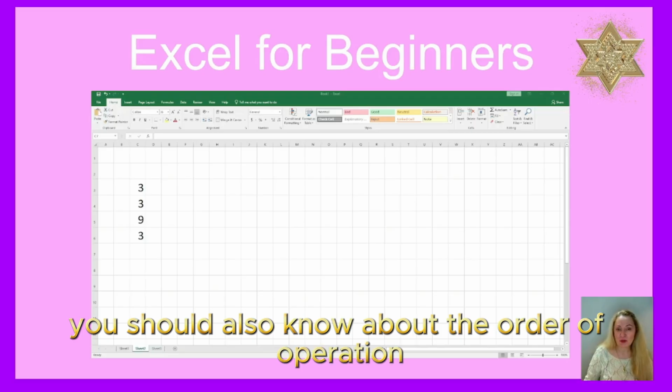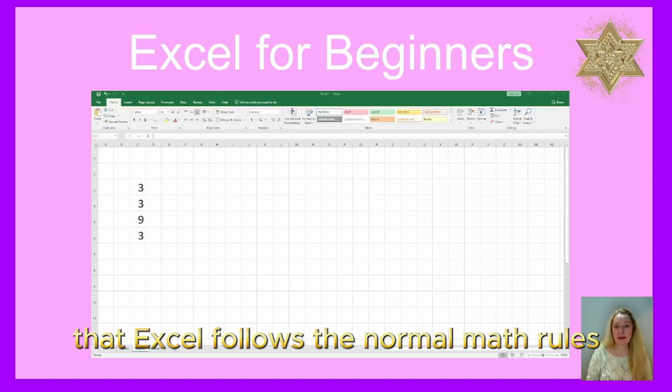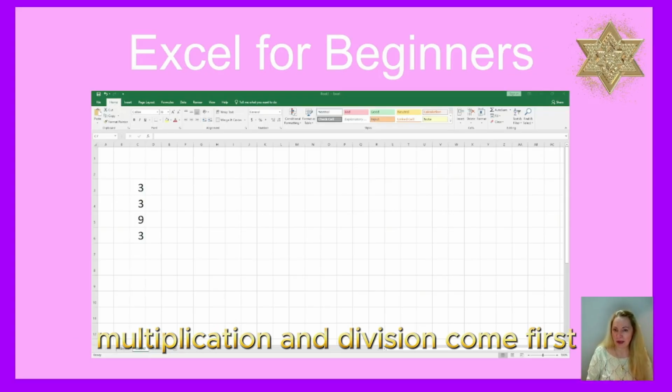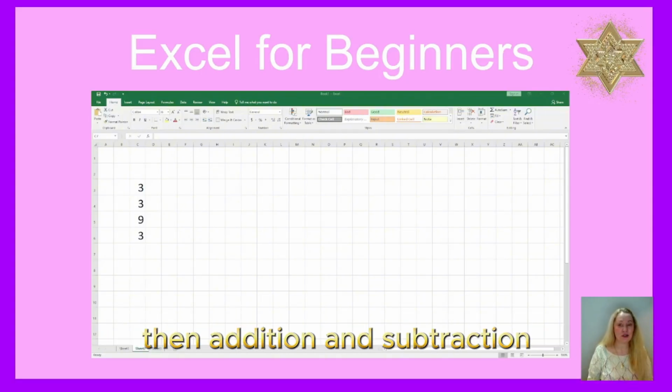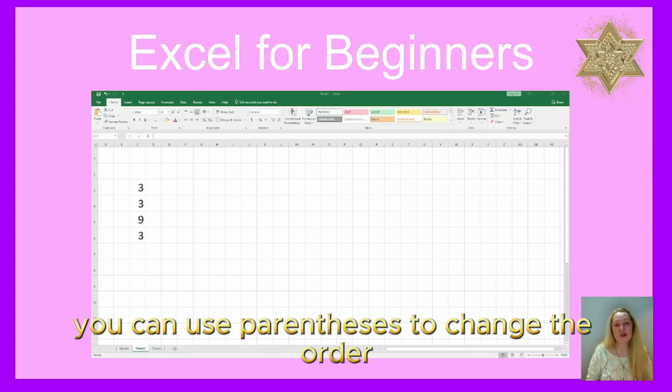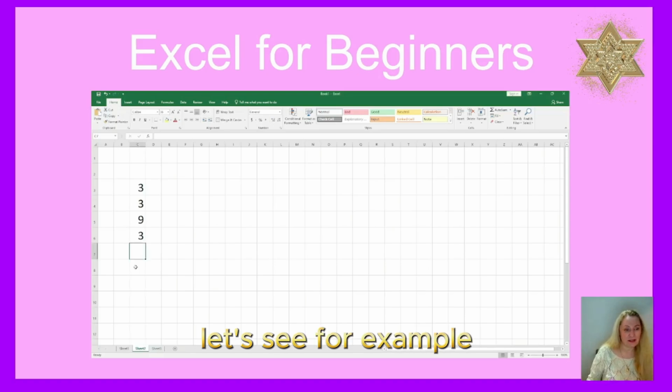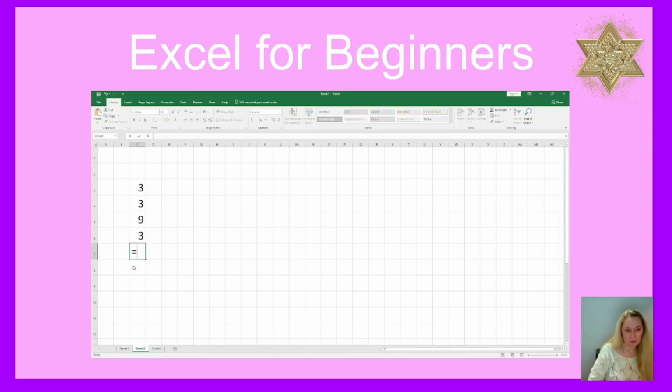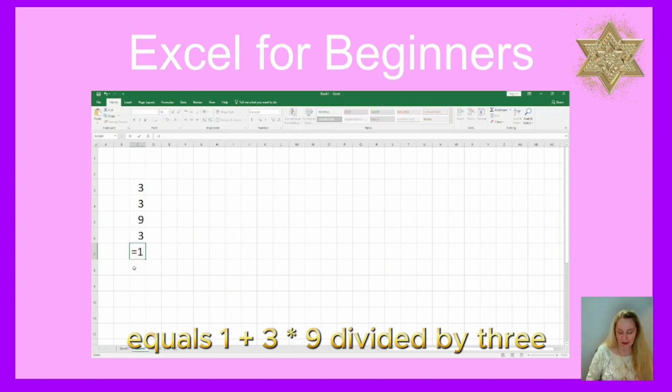You should also know about the order of operation, that Excel follows the normal math rules. Multiplication and division come first, then addition and subtraction. You can use parentheses to change the order. Let's see. For example, equals 1 plus 3 times 9 divided by 3.